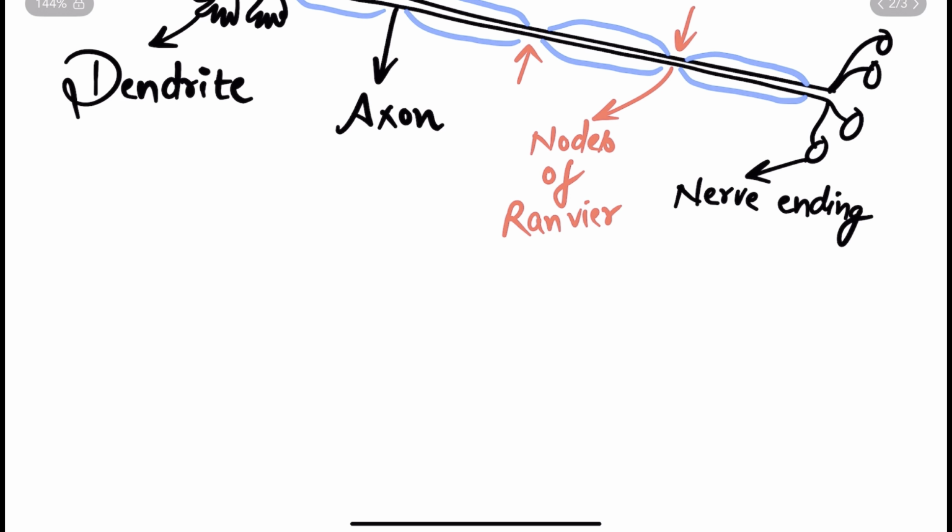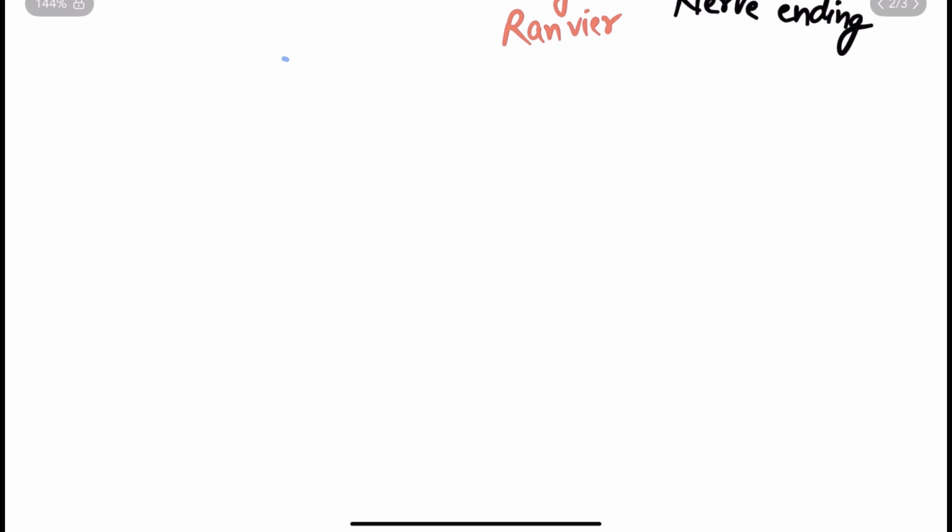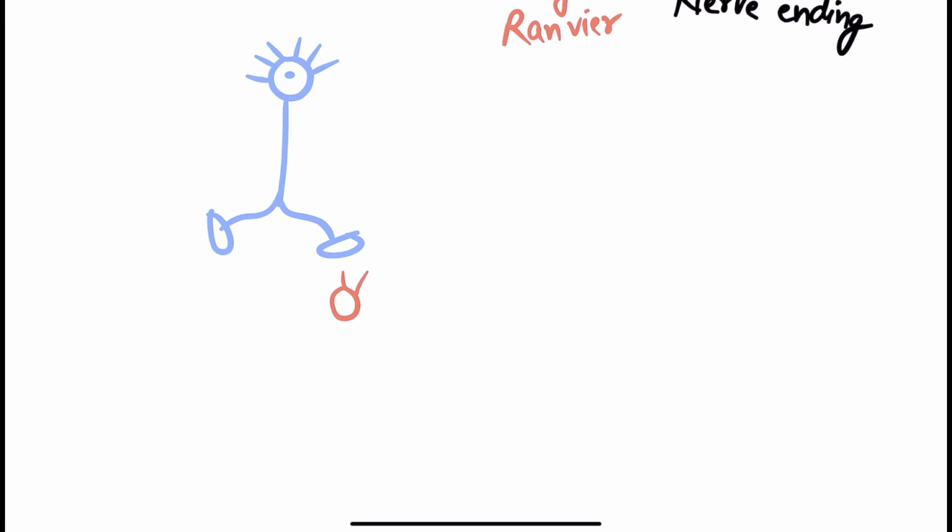So you are able to see this cell body, the dendrite, and the axon, and the nerve ending, right? So at the nerve ending another neuron initiates. So this is the second neuron, the cell body, the dendrites, and the axon and the nerve ending.